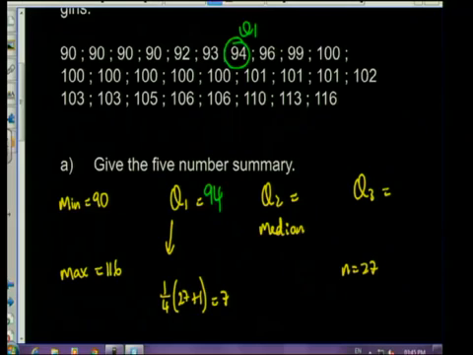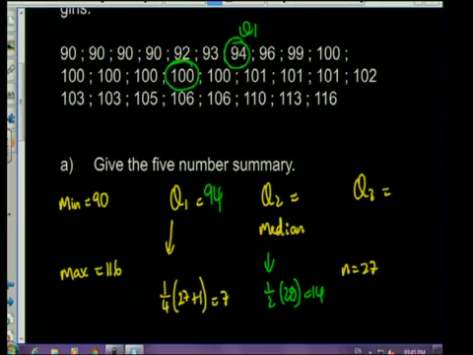Then I'm going to do the same. Q2, you could have, of course, cross off until you find the middle values. So the median, remember the median is a half of your data values. So it would have been a half of 28, which is the 14th value. Well, if I'm already at 7, count another 7, 8, 9, 10, 11, 12, 13, 14. So that there will be my Q2, okay, which is 100.